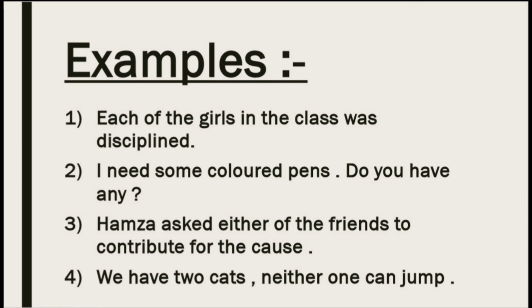So either means that Hamza is addressing two of the friends of the group taken individually. He asked either, meaning both of his friends. Next is, we have two cats, neither one can jump. So the person had two cats, but neither the first nor the second one could jump.